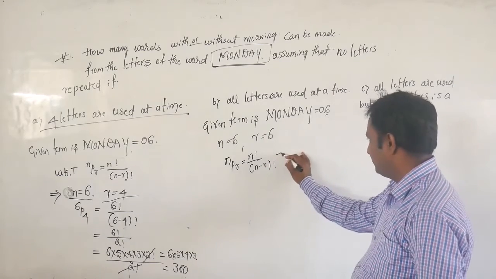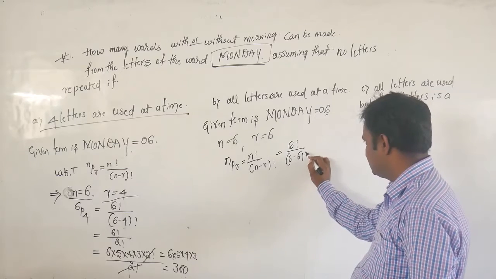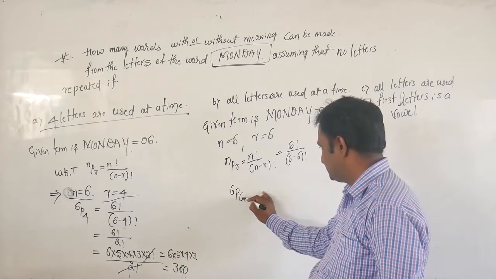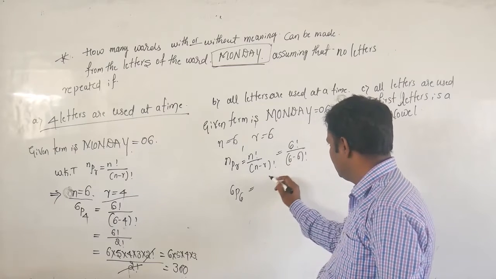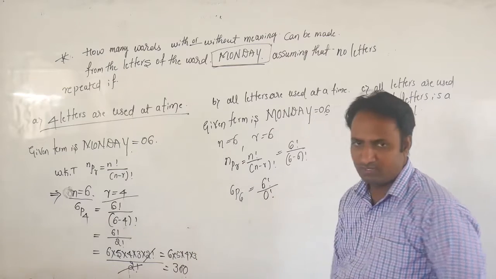Here, 6 factorial divided by (6 minus 6) factorial. 6P6 is equal to 6 factorial divided by 0 factorial.